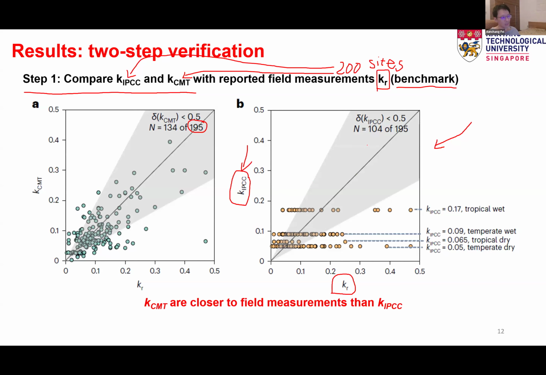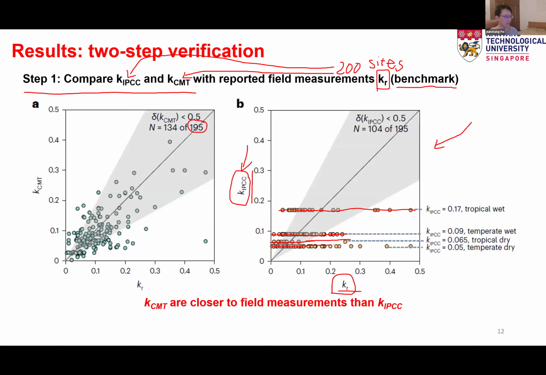Now, looking at the right figure, what I'm showing is that, if we compare the reported K value versus the IPCC K value, you see that it's basically very poor agreement because KIPCC essentially has 4 default values, like I mentioned a few times, based on the country and also based on the temperature and rainfall, and also the income level of the country.